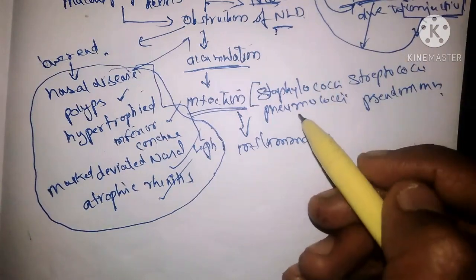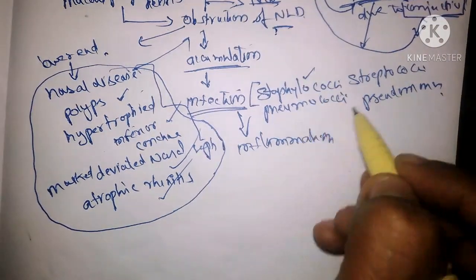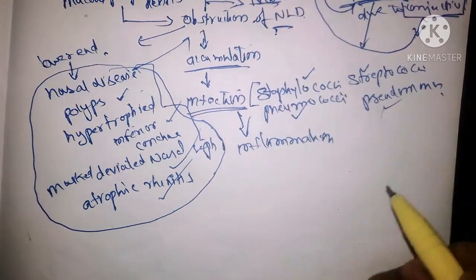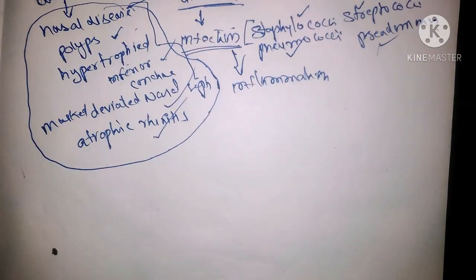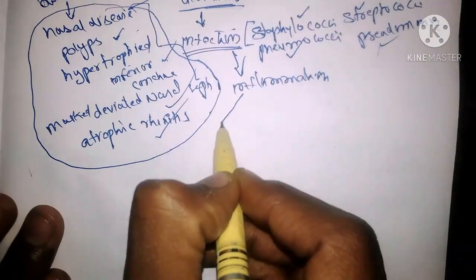Clear? So the common infections are Staphylococcus, Streptococcus, Pneumococcus, and Pseudomonas. So when there is inflammation, this happens in 4 stages, guys.